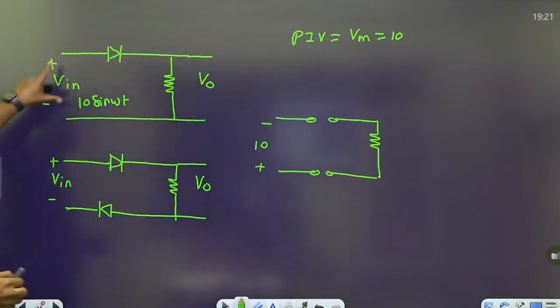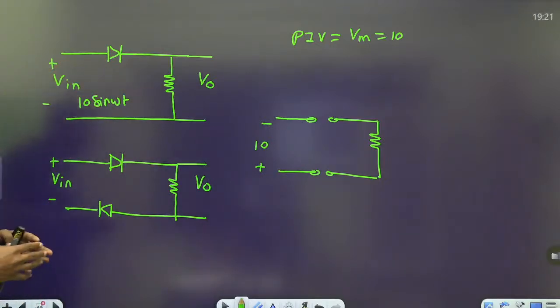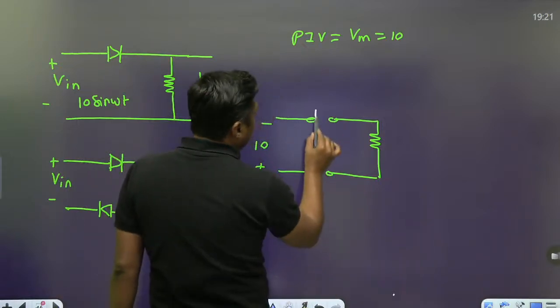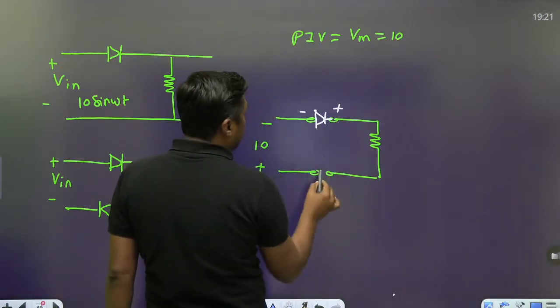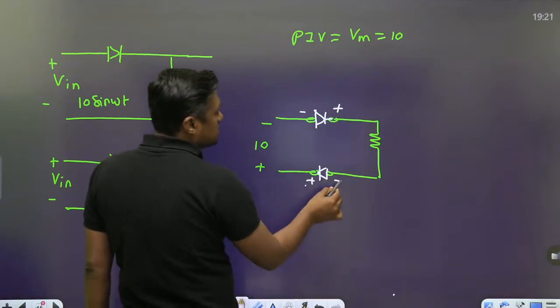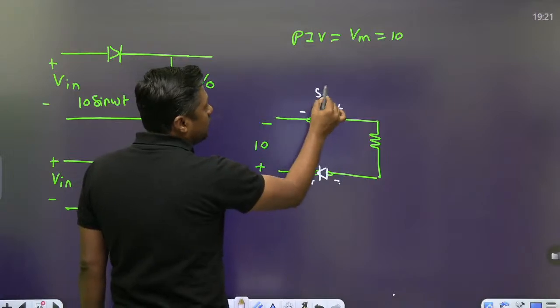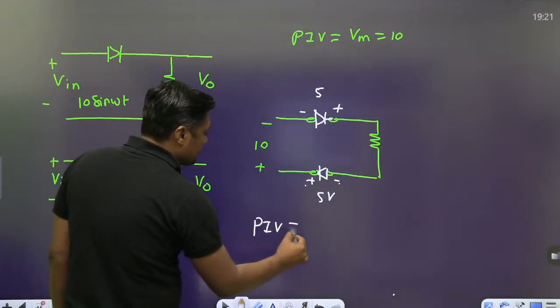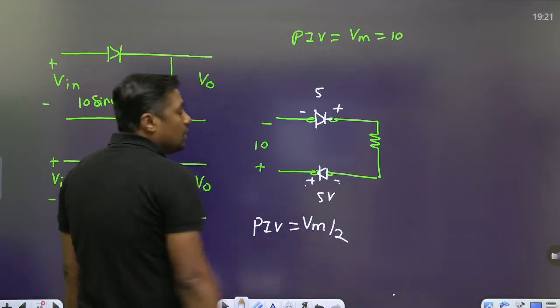When it is at maximum, both the diodes are off. So what is the PIV of an individual diode? PIV of the diode will become plus minus 5 volt, only half, Vm by 2.